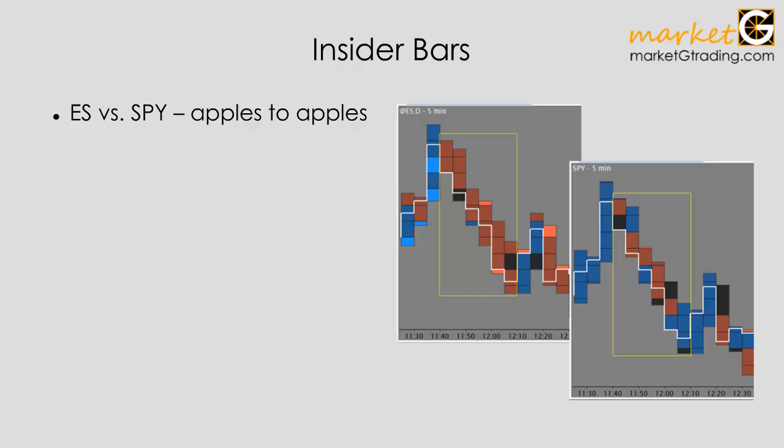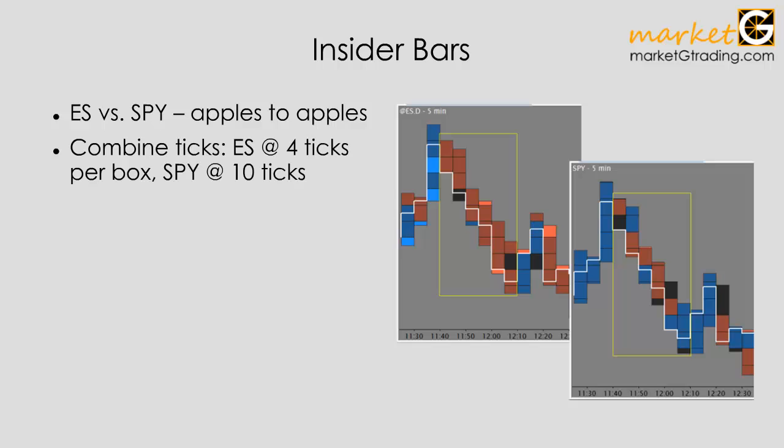Here's another apples to apples comparison of ES and SPY. What I did here, I used combined ticks to put them on more of an even keel. This is 4 ticks per box for ES futures and 10 ticks for SPY. So the box size relative to the value is the same now.